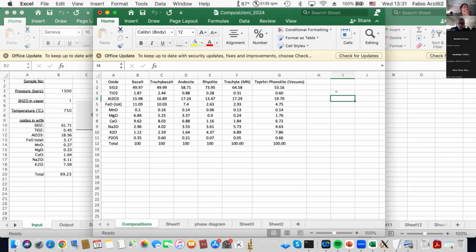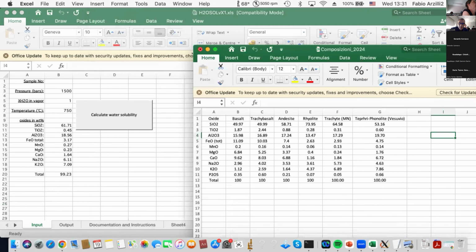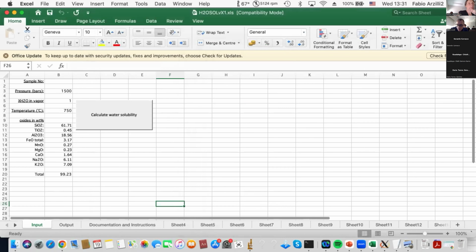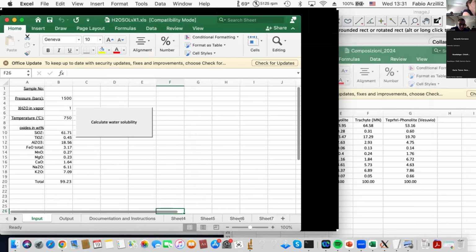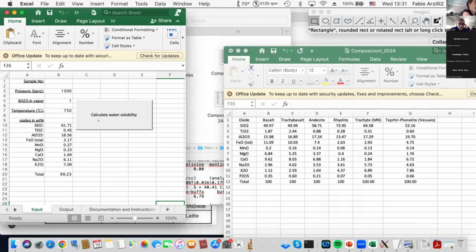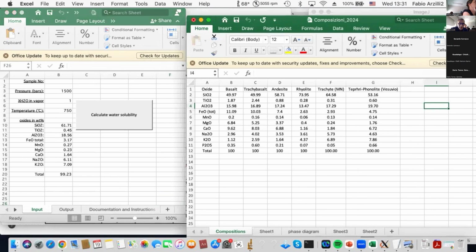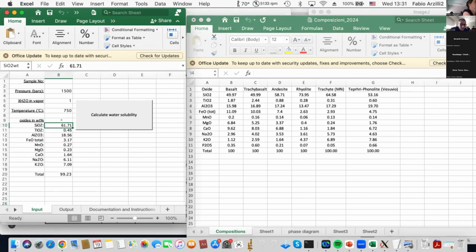The philosophy is this one. We can copy the composition that we used so far, the basalt. Here we put 49.97, 1.87, 15.98, 11.09, 0.2.